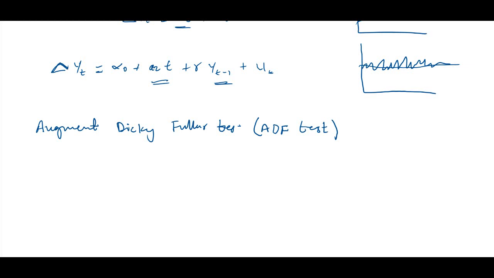Dickey and Fuller extend their test procedure by suggesting an augmented version of this test that includes extra lag terms of the dependent variable in order to eliminate autocorrelation, and the lag length of these extra terms is either determined by the Akaike information criterion or the Schwarz-Bayesian criterion, also known as the AIC or the SBC values, or more usefully by the lag length necessary to whiten the residuals.